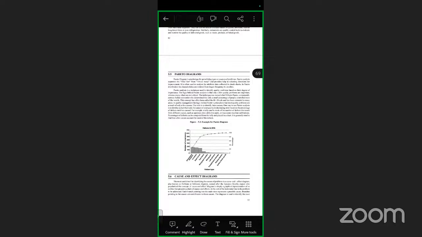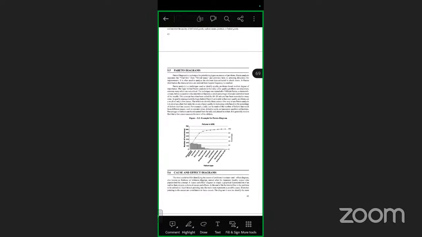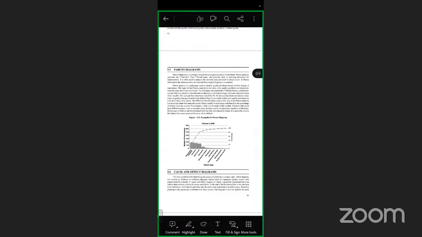Pareto analysis separates the vital few from the trivial many and helps in selecting the direction for improvement. Now you can see the number of occurrences, failures in 2016.